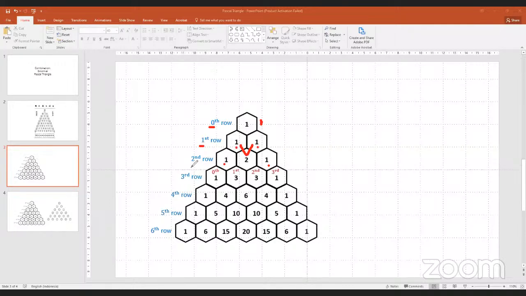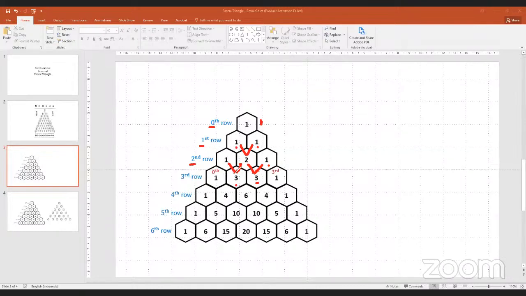From row 2, you get to row 3. Now 1 plus 2, you get 3. 2 plus 1 is also 3.